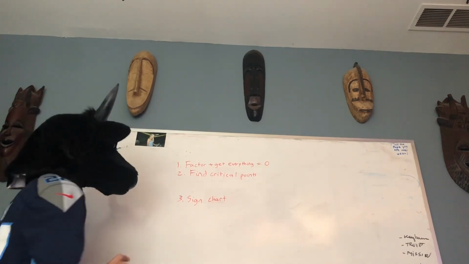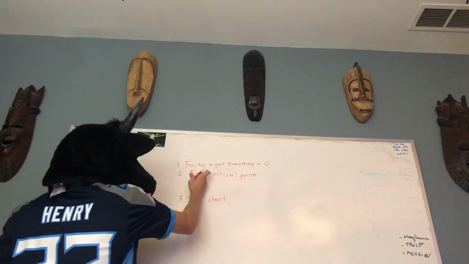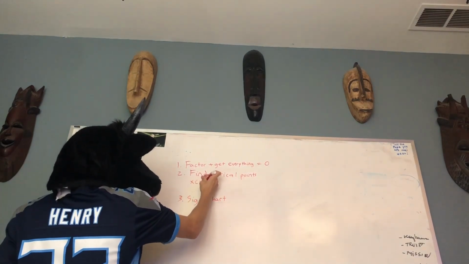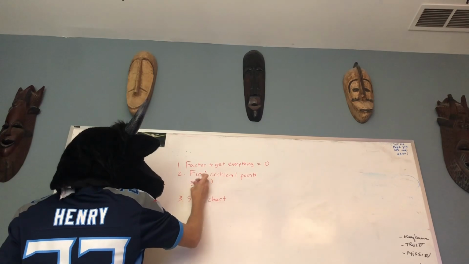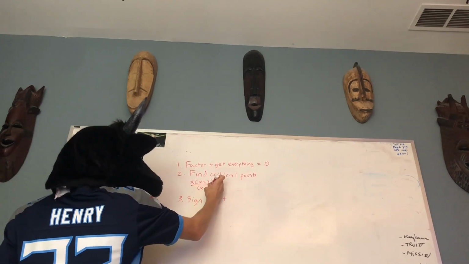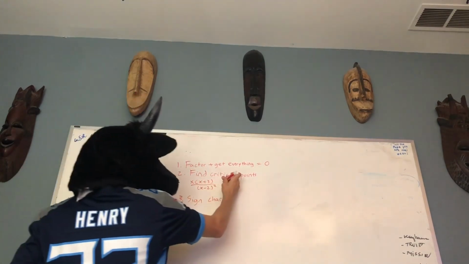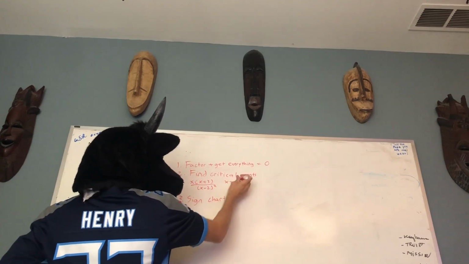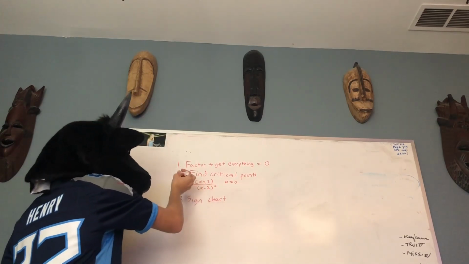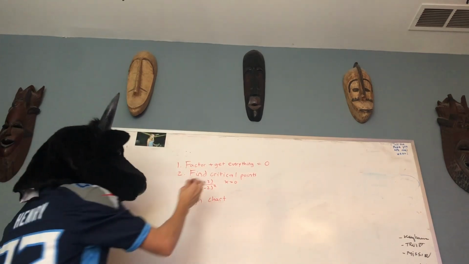For example, once you've factored and you have everything equal to 0, you have x, times x plus 3, and then maybe x minus 2 squared on the bottom, or something like that. The critical points would be x equals 0, because that's how this x makes the whole expression equal to 0.